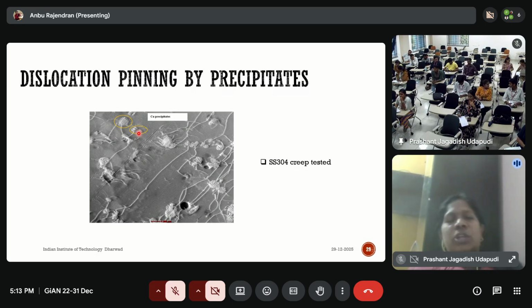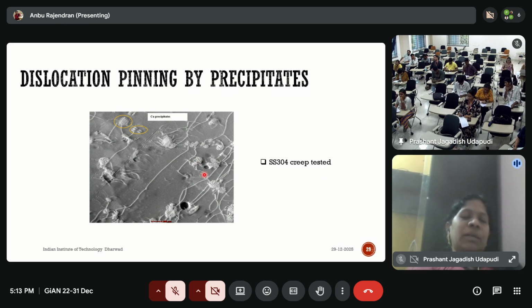Generally, the addition of alloying elements in any material is to strengthen the material. The strengthening comes from the pinning of dislocations by the precipitates, right? So these are evident by using TEM. In this sample, we could get very fine precipitates by doing some heat treatment. Then we did tensile testing as well as creep testing.